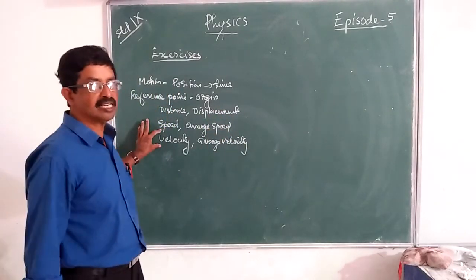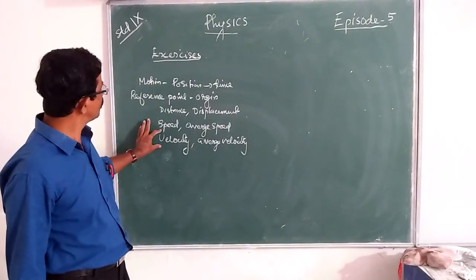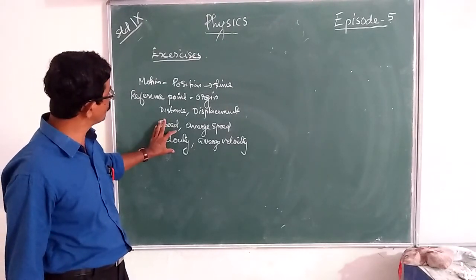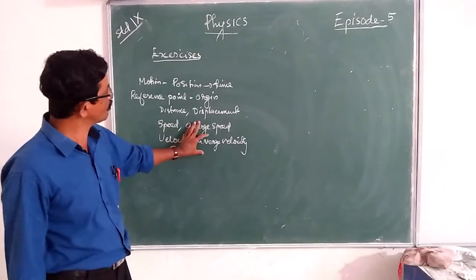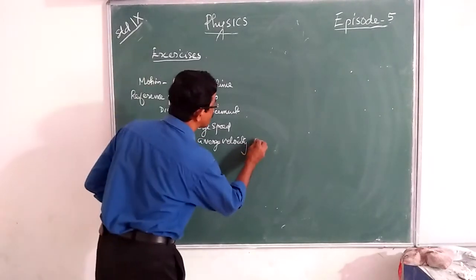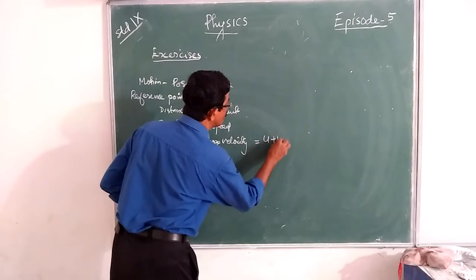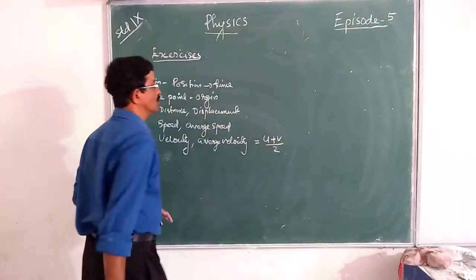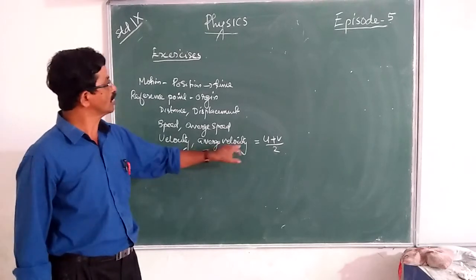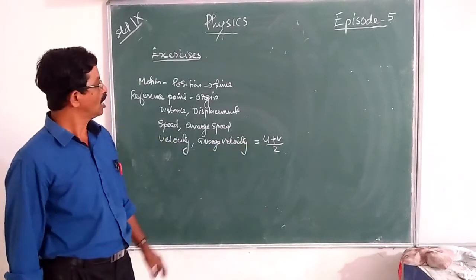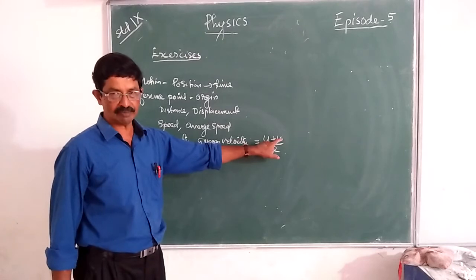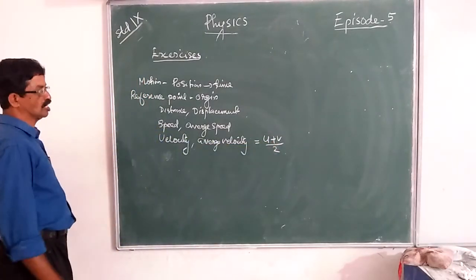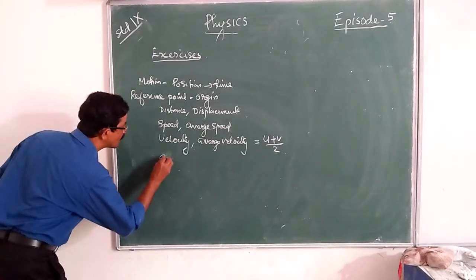Velocity is the distance with the direction. Average velocity is the initial velocity plus final velocity divided by 2. That means that by using this relation we can find the average velocity. Then next we discussed acceleration.